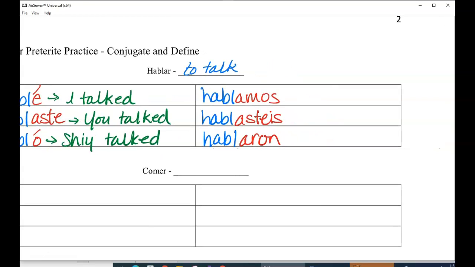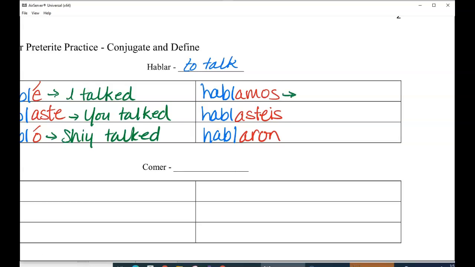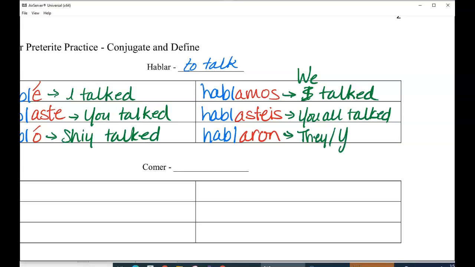In the present tense, we would have hablamos for first person plural, and hablamos also in the preterite tense, and in this case, it means we talked. So definitely an opportunity to use context clues. Hablasteis, we're going to Spain, and this is you all talked. And then down here, hablaron is going to be they / you all everywhere talked.